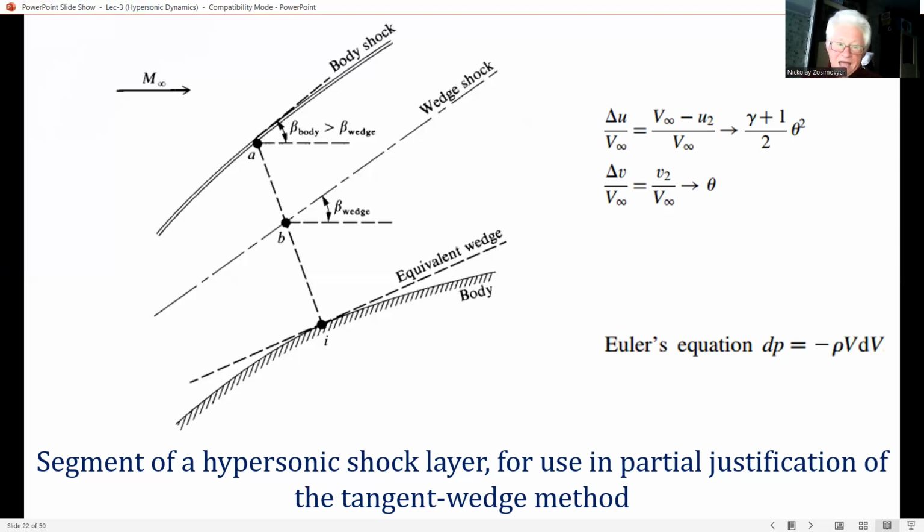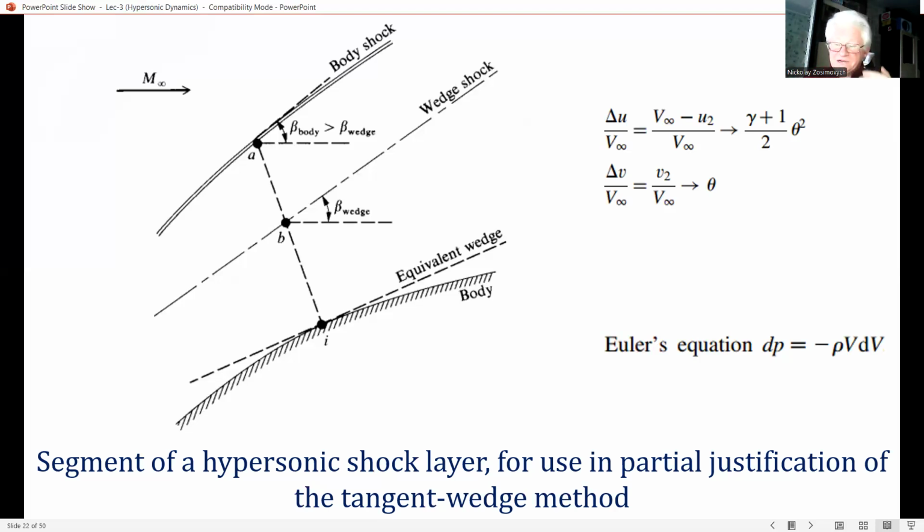In turn, recalling Euler's equation, dp is proportional to minus rho v dv, and this implies that the major pressure gradients are normal to the flow. Normal means perpendicular.